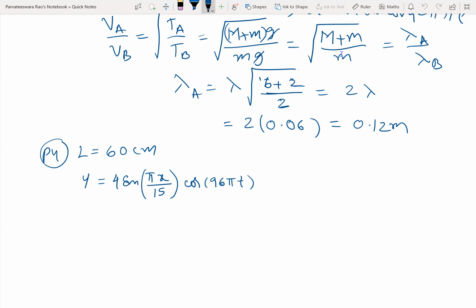First bit: what is the maximum displacement at x is equal to 5 centimeters? Next, where are the nodes located?